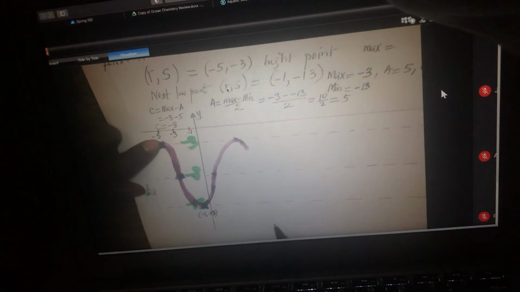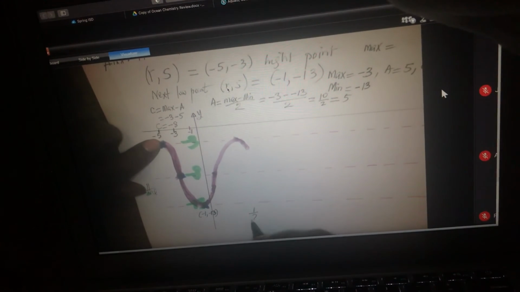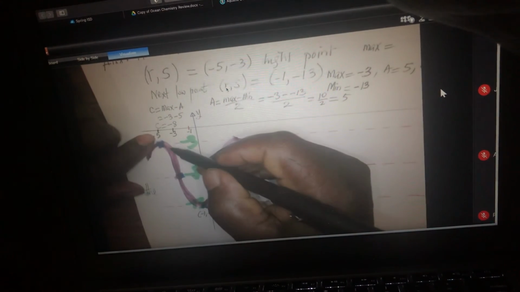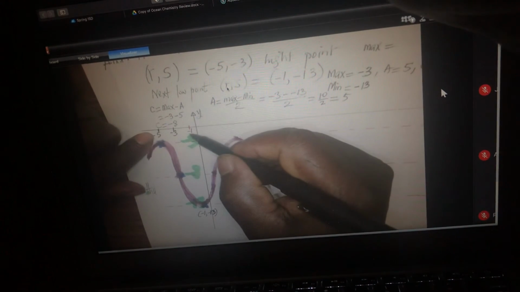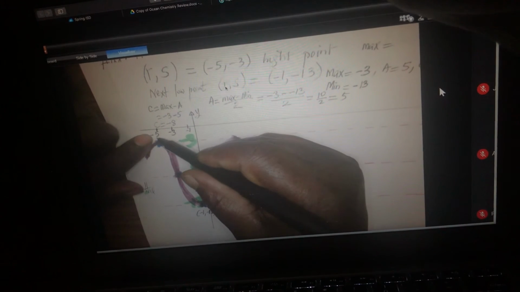Therefore, you can write an equation: half of P is equal to the distance from negative 5 to negative 1. What is the distance from negative 5 to negative 1?